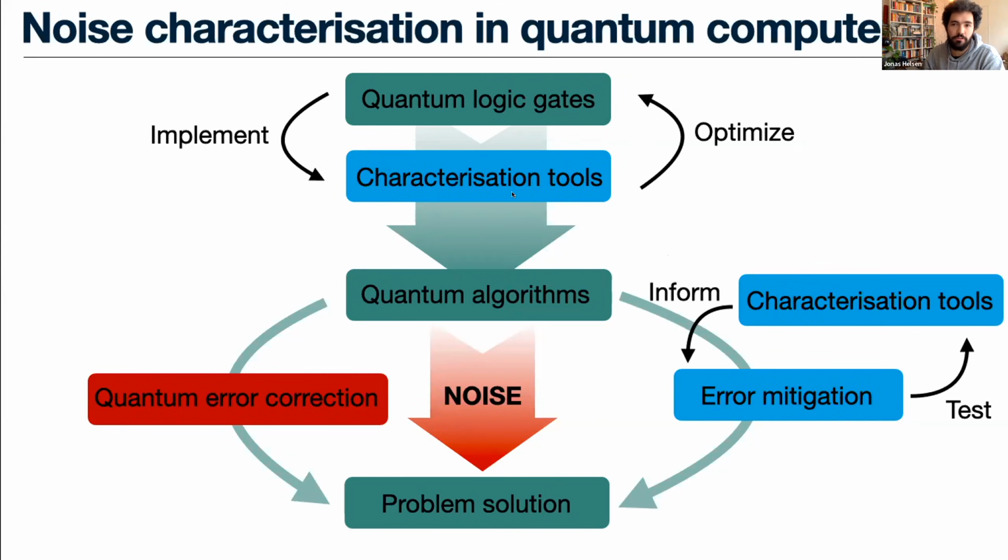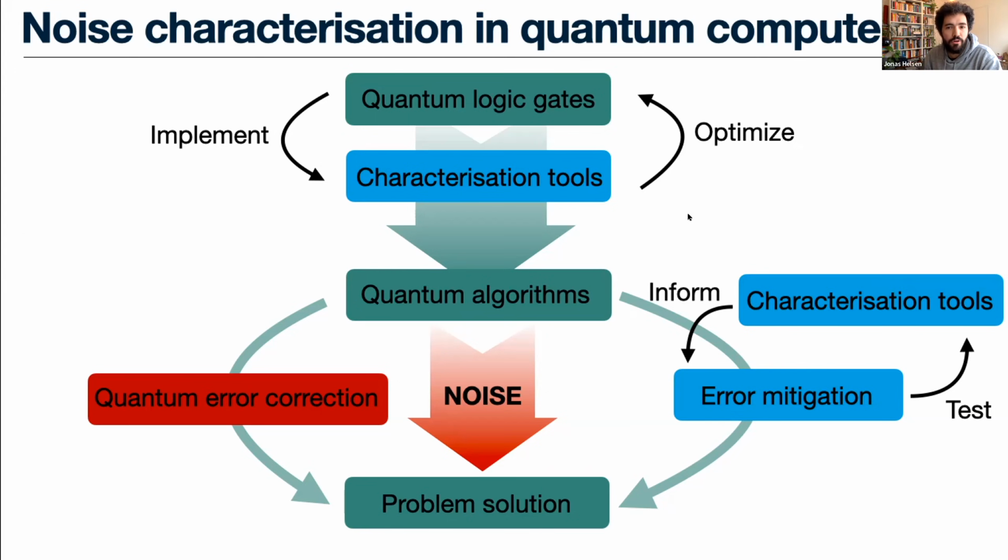We don't want to do characterization just at the level of the physics, but really at the level of, I have an abstract quantum computer that teaches me something, and I learn something about the noise, and then I can at an abstract level use that to either enhance my logic gates or try to mitigate errors as they arise. So those are the two places where it fits.